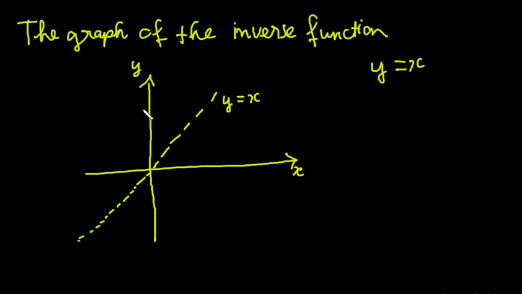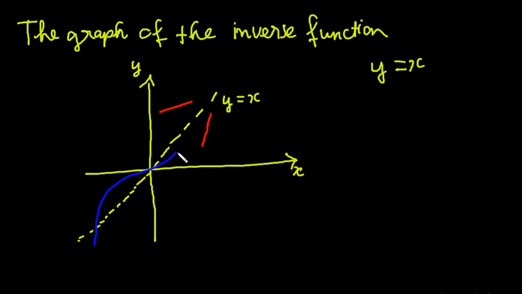So let me take an example. First I will draw a graph like this one. It is reflected through this line, so it would look something like this. Here, it's the same. They're reflected through this line, and now I have the graph of x to the power 3, which is this one.